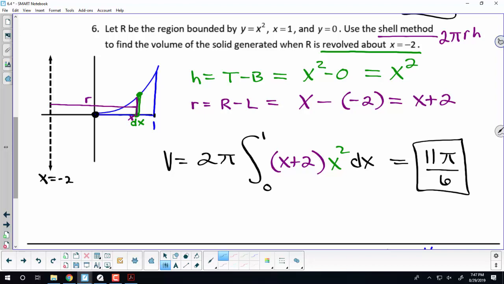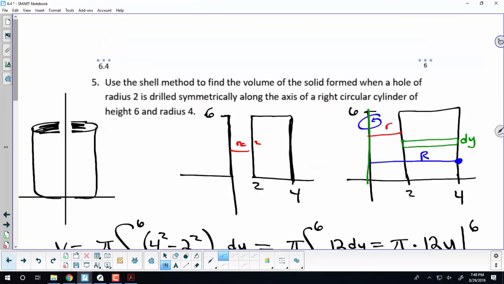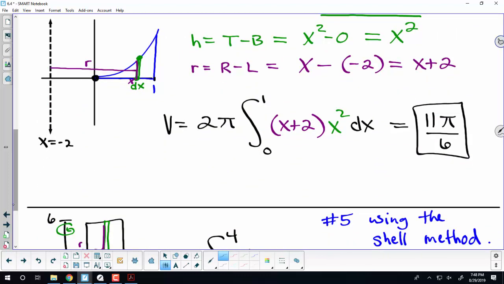The next example's very similar. So would there not be anything to the left of the y-axis? Is it the graph for x squared, right?